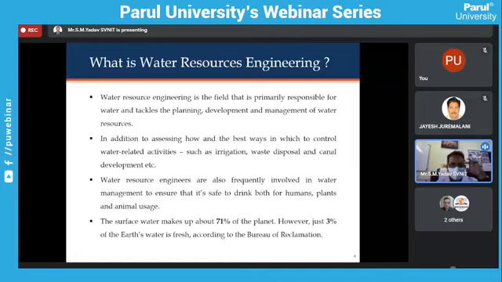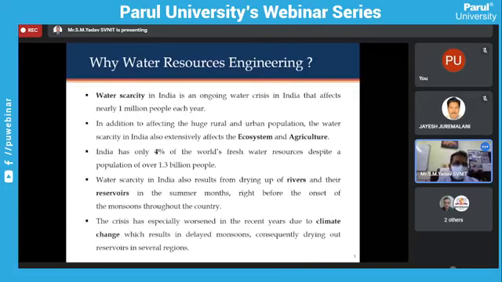Water resources engineers are also frequently involved in water management to ensure that it's safe to drink for humans, plants, and animals. As you are aware, surface water makes up about 71% of the planet, and out of that just 3% of Earth's water is fresh water, according to the Bureau of Reclamation. If we talk about water scarcity in India, it is an ongoing water crisis that affects nearly 1 million people each year.